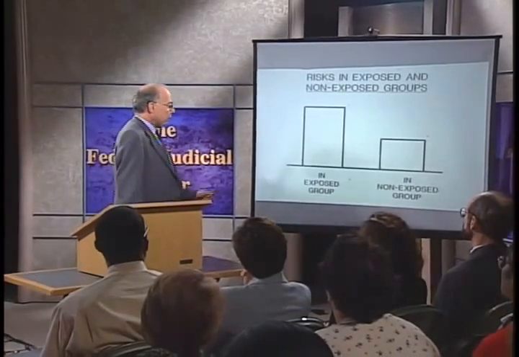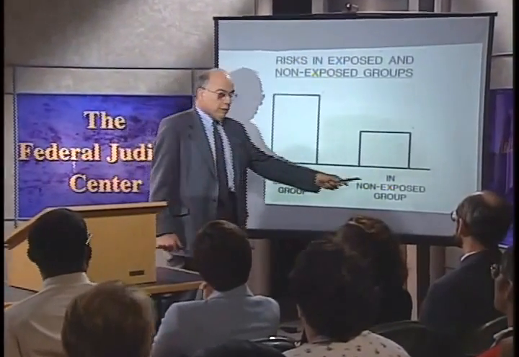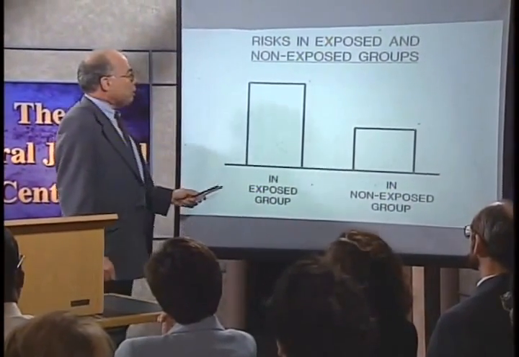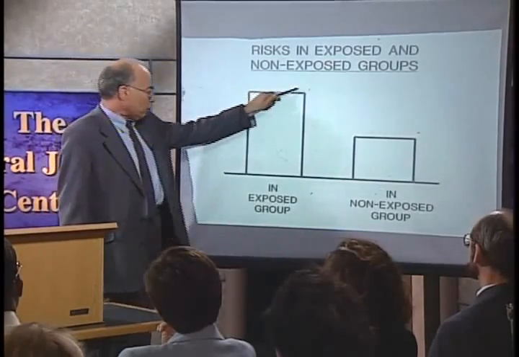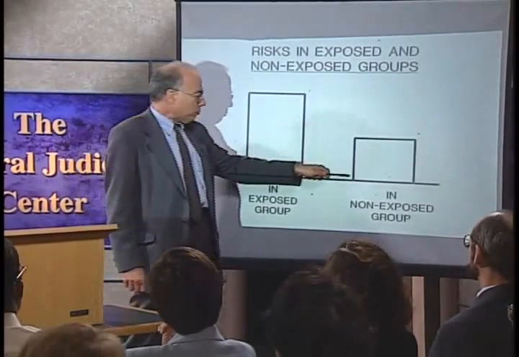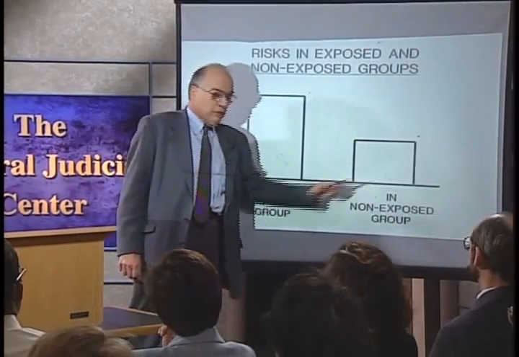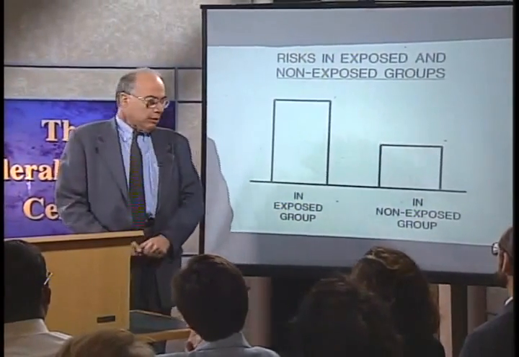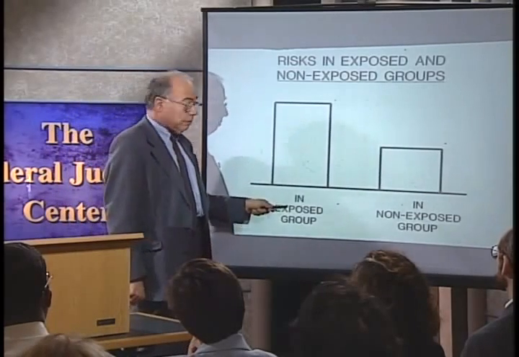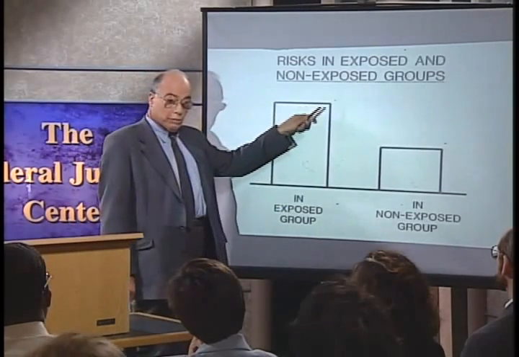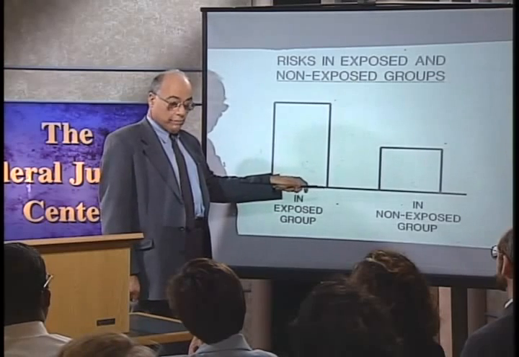Let us consider an exposed group and a non-exposed group, each of which has a risk of developing disease. This bar represents the total risk of developing the disease in the exposed group, and this is the total risk of developing in the non-exposed group. For example, let us say that the exposure is radiation, and the risk is developing a certain type of cancer after radiation.